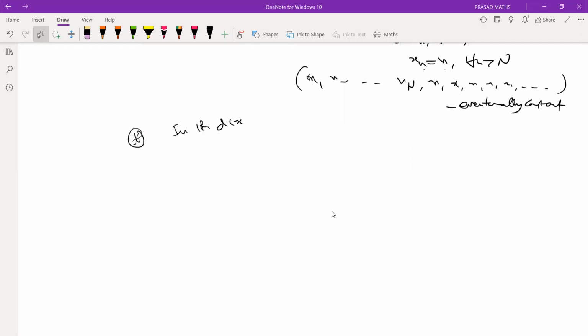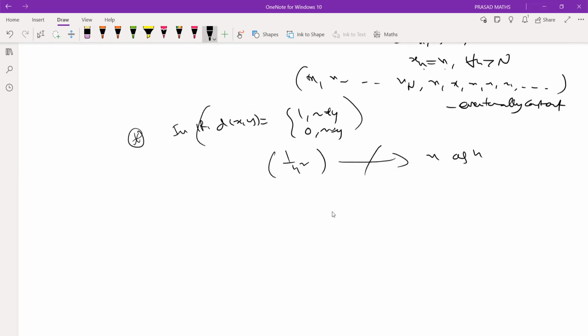Suppose you take the sequence 1 by n squared. Automatically the sequence does not converge to any x. Why?